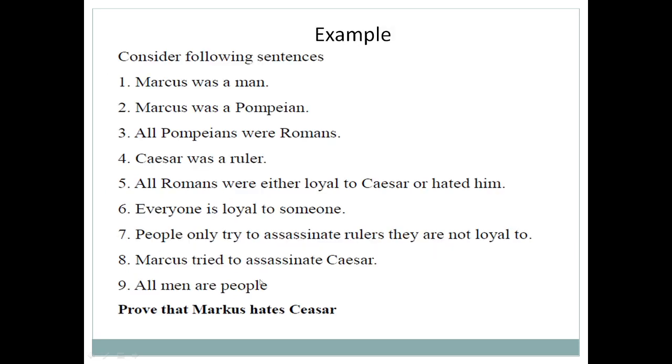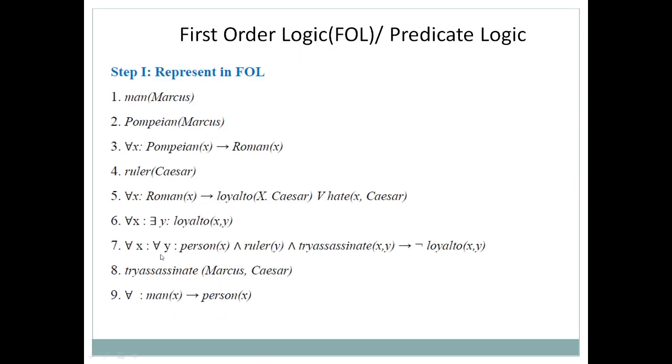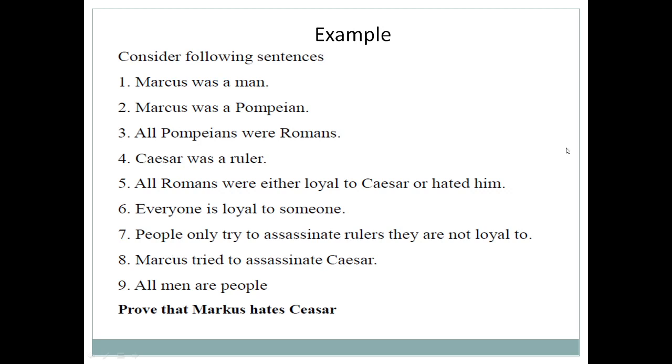We are not talking about only one particular ruler but all. That's why we have written: for all x, for all y, if x is a person and y is a ruler, then if x tries to assassinate y, then x is not loyal to y. So in this way we obtain this.